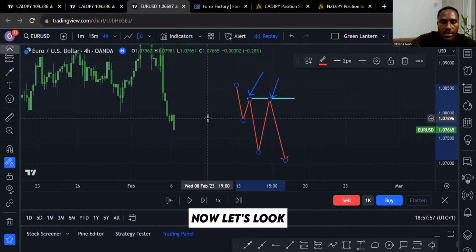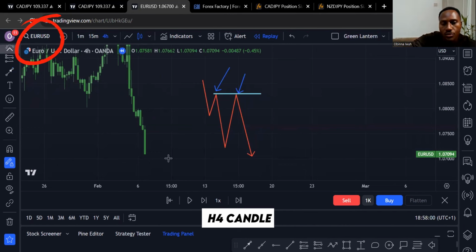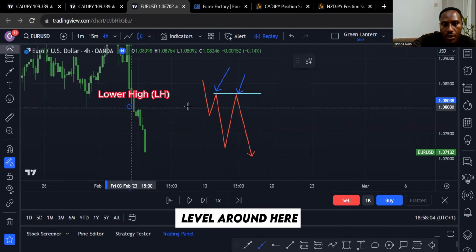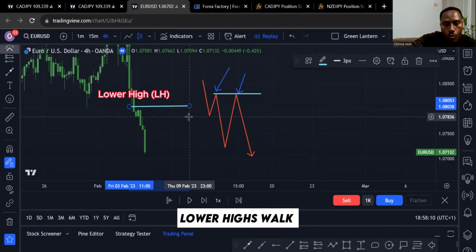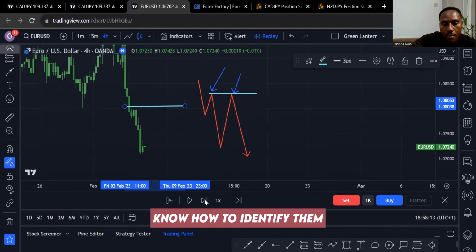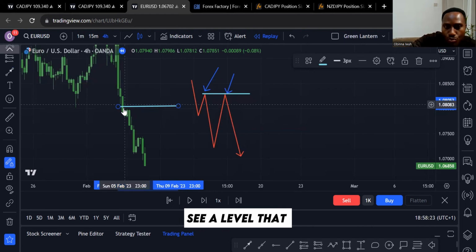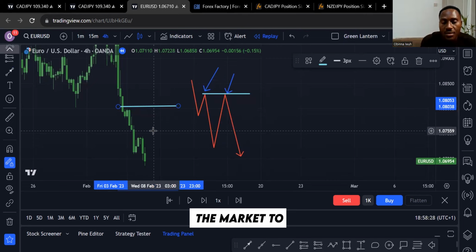Now let's look at an example from here. This is EURUSD, the 4 hour candle, and it has made a level around here. So you need to understand how higher lows and lower highs work, and you need to understand key levels and know how to identify them. But even if you don't know it in the easiest way, when you see a level that you understand, you are the one that can explain the market to yourself.